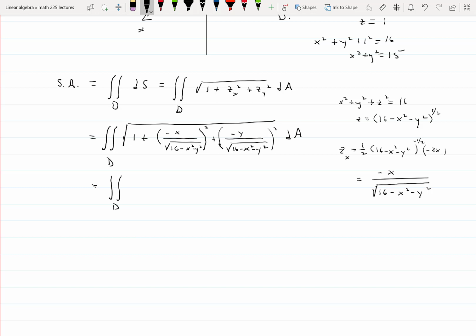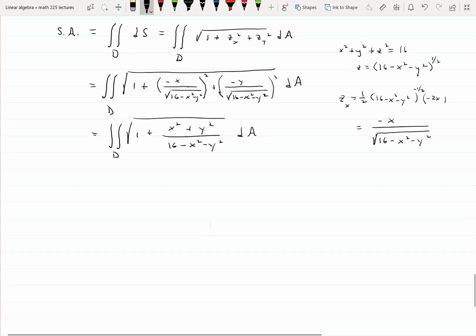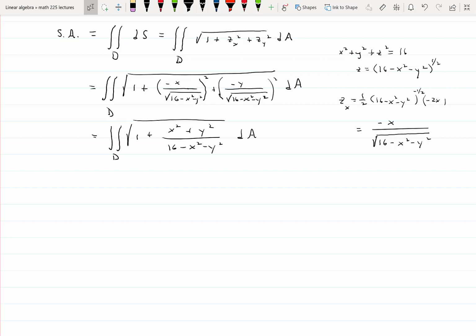Now, when you square those terms, you're going to get x squared plus y squared over the same denominator. So you're going to get 1 plus x squared plus y squared over 16 minus x squared minus y squared, dA. A bunch of algebra. Now, if you make that 1 into 16 minus x squared minus y squared over itself, then this simplifies even further.